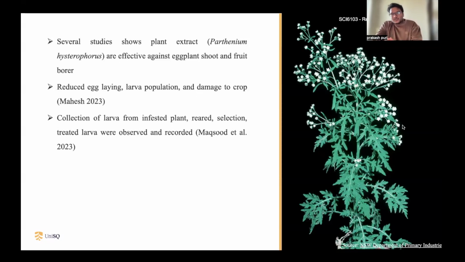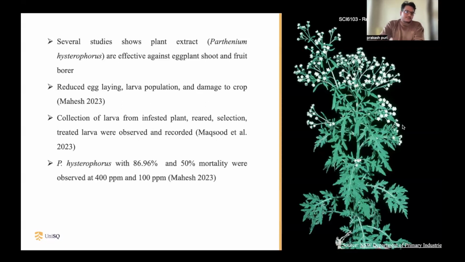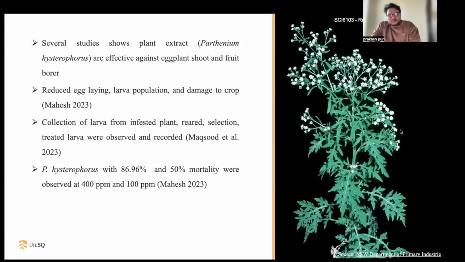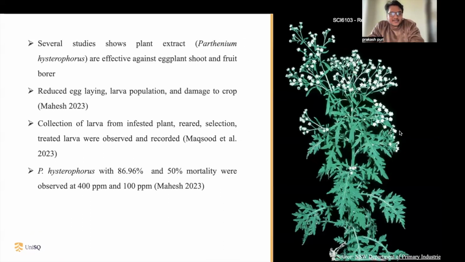We observe and record the data on larval mortality. The study shows that 86.96% mortality was observed at 400 ppm of Parthenium hysterophorus, and 50% mortality was observed at 100 ppm of Parthenium hysterophorus.